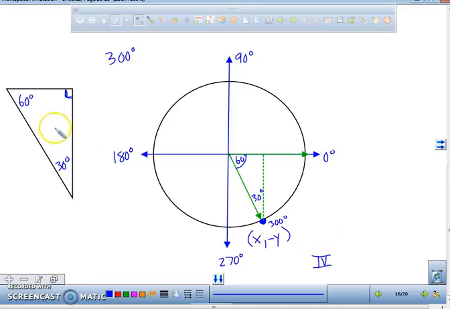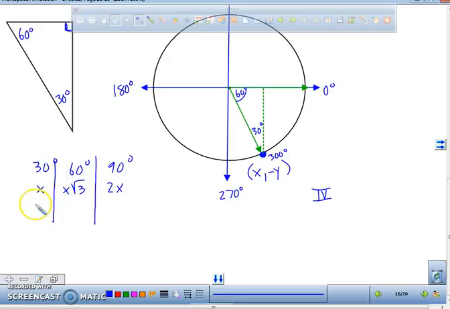Right now, we have a 30, 60, 90. Here are the numbers that always go with a 30, 60, 90. 30 degrees, 60 degrees, 90 degrees. This is a table you might want to have in your journal, especially if your teacher lets you use a journal on tests. A 1, a radical 3, and a 2.